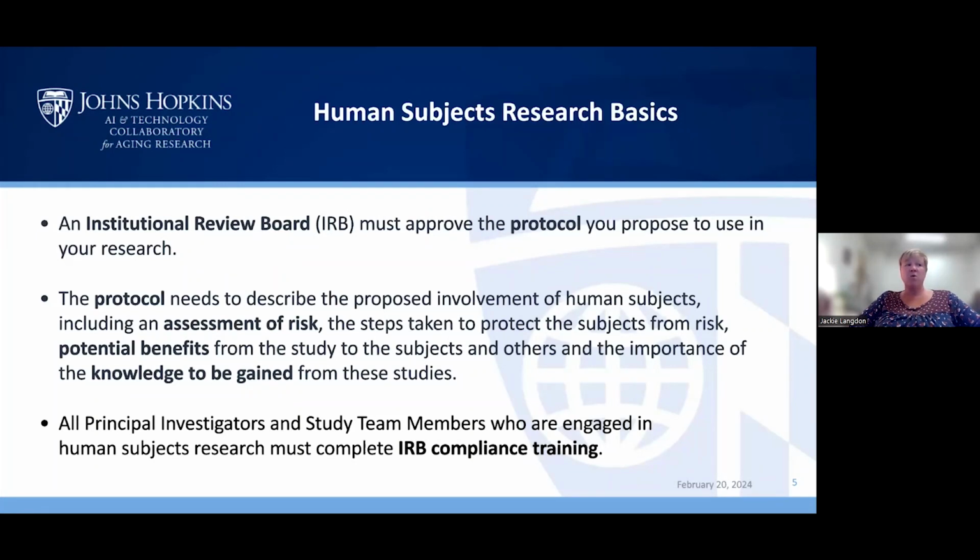Also tell them what the potential benefits of the study are to the subject, to society at large, and the importance of the knowledge that will be gained from these studies. Also note, any principal investigator or study team member who participates in human subjects research must complete IRB compliance training. I will touch on that and provide some linkage.